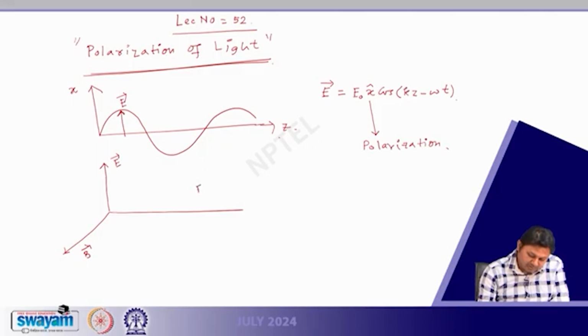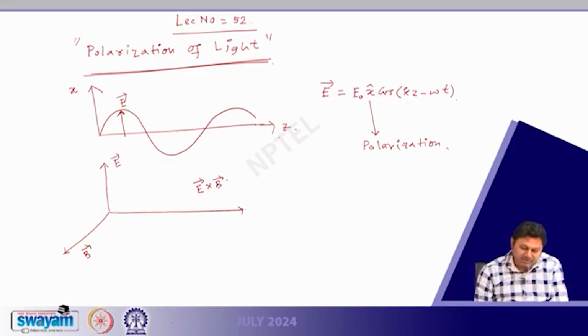So, E cross B is a direction along which the energy is flowing. So, E and B, if they are polarized along this direction, then the energy will always be flowing in this direction.